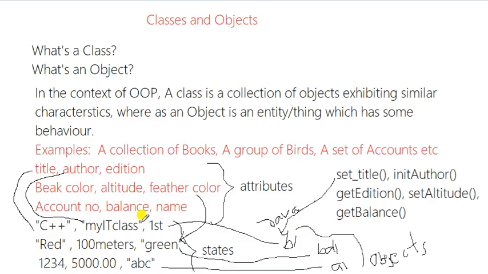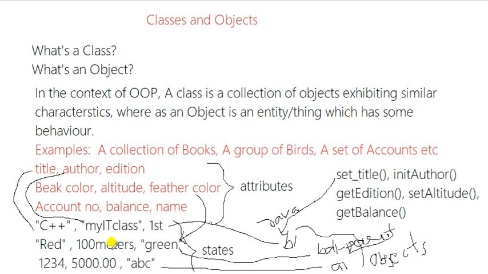Similarly, I'll change the author. Set altitude. Right now the bird BD1 has an altitude. BD1 is a bird, an object. More appropriately, you can call it a parrot. A parrot has a body color, feather color green, beak color red. So it is a parrot now.